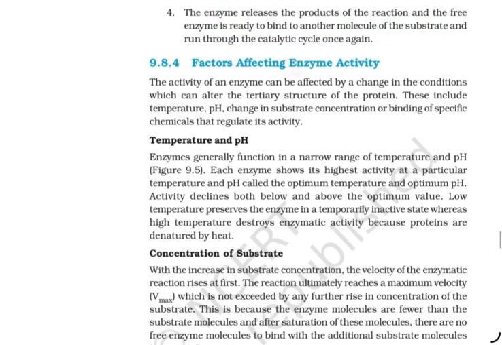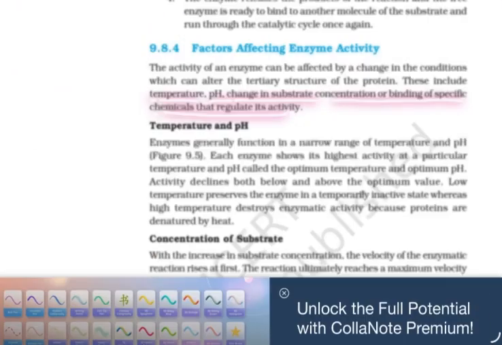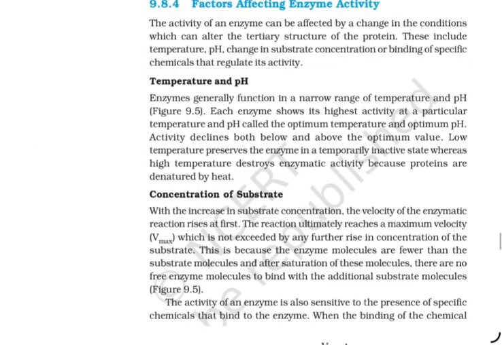So once again, factors affecting enzyme activity. The activity of an enzyme can be affected by changing conditions which can alter the tertiary structure of the protein. This includes temperature, pH, change in substrate concentration, or binding of specific chemicals that regulate its activity. Temperature and pH: enzymes generally function in a narrow range of temperature and pH.